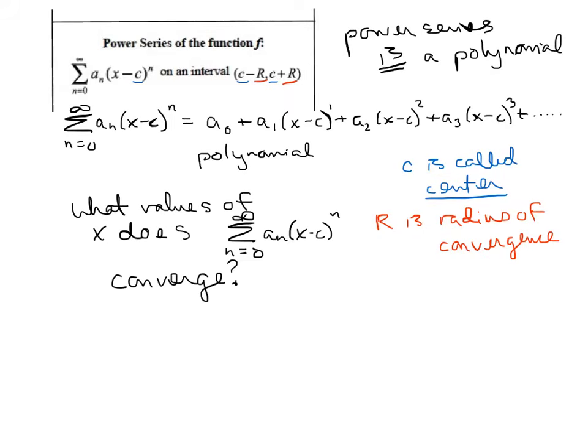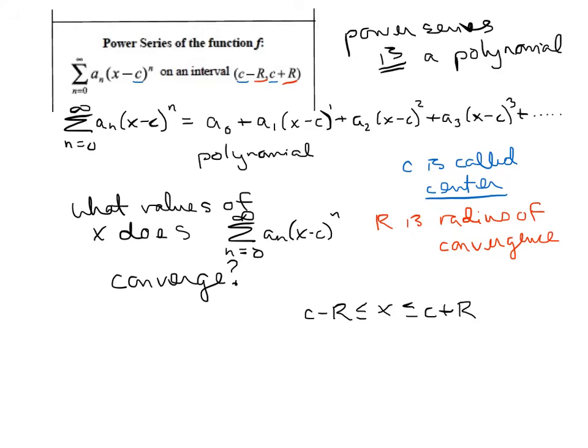Because we would never want to look at a power series if it diverges, from an engineering standpoint. So the values that x would work for would be on an interval. So x would be somewhere in between the center minus r and the center plus r.